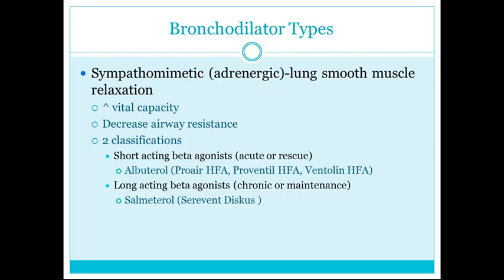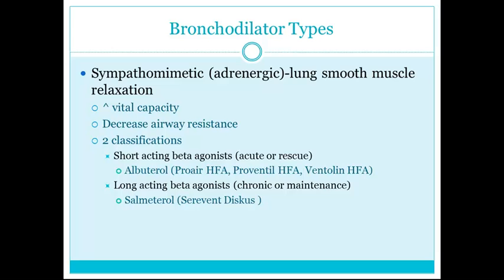Bronchodilator types. We have the sympathomimetic and adrenergic drugs. They relax the smooth muscle in the lungs. They increase the vital capacity. They decrease airway resistance. There are 2 different classifications.